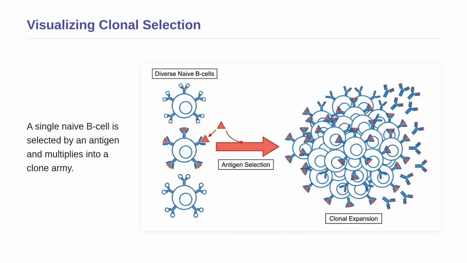This is the selection phase. Once selected, the arrow shows this single cell undergoing clonal expansion, multiplying into a massive cluster of identical cells. All of these cloned cells now produce the exact same antibodies, perfectly tailored to neutralize the invading antigen.